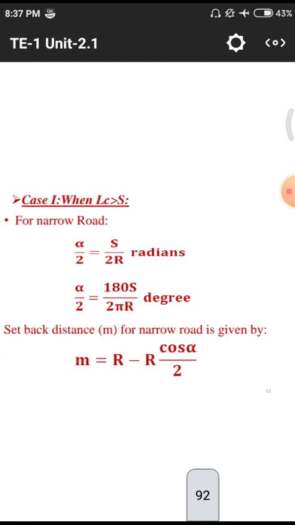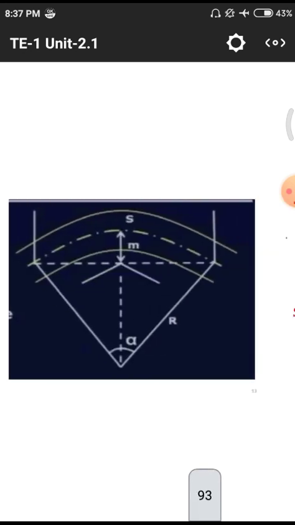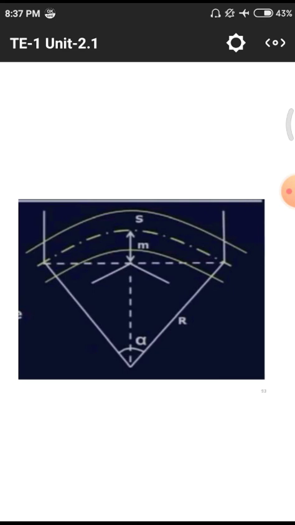In the previous case we calculated m equal to r minus r cos alpha by 2, where r is the radius of the curve. We need to calculate m, the distance at the middle point, m equal to r minus r into cos alpha by 2. Alpha is the angle between the two ends at points a and b.